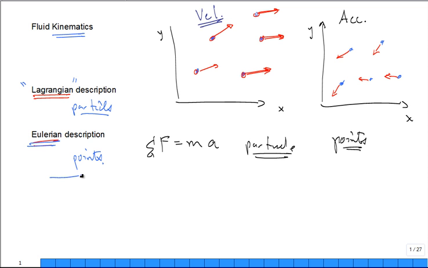Predominantly we use this description in this class, yet we know that we have to go back to the particles to get F equals ma to apply in our fields. Also, that doesn't mean that nobody's doing Lagrangian description out there in the real world. For an introductory fluid mechanics class, we don't spend a whole lot.